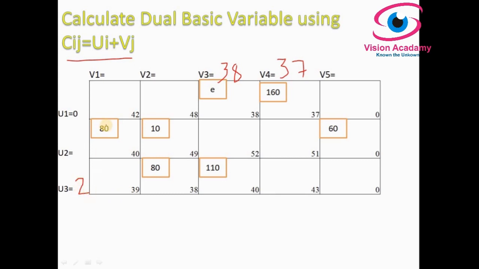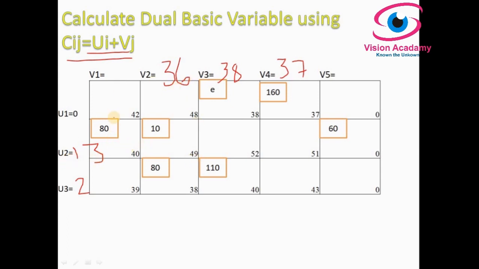Okay, so now you have the u3 value and you can find the u2 value, where 38 is Cij, 2 plus 36 is 38. Follow this formula to calculate this value, and you have this value and you can calculate the u2 value here. So 49, it is 36, it means it must be 13, and 13 plus 36 is 49.